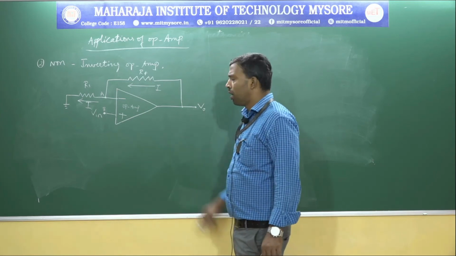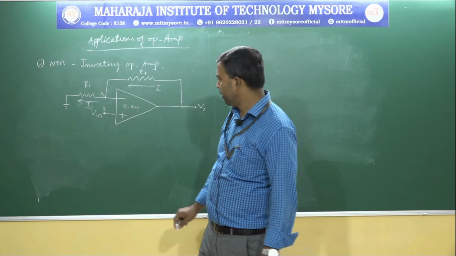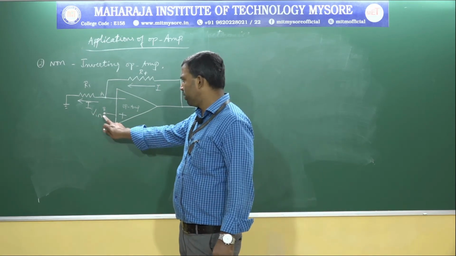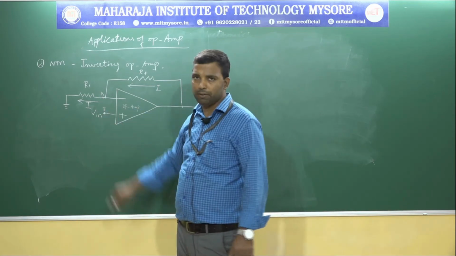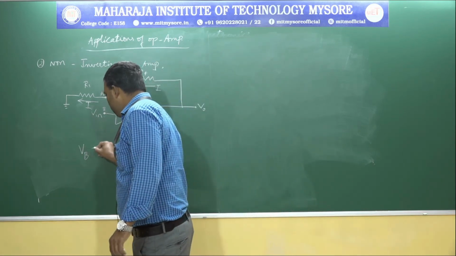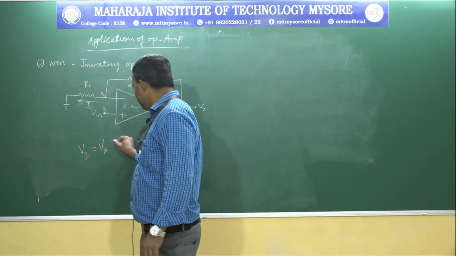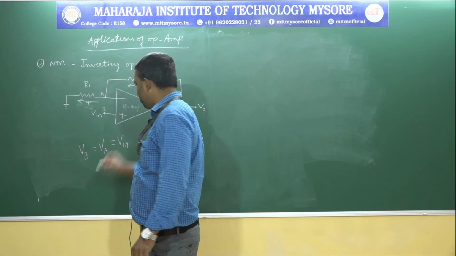This is the output terminal. By using the virtual ground property, the potential at this point is the same as the potential at this point. That is, the potential at B is equal to the potential at A. Therefore, this is equal to the input voltage.